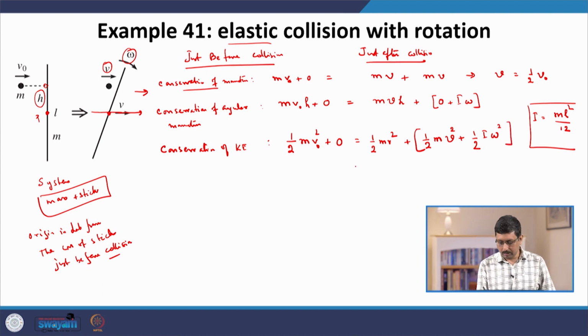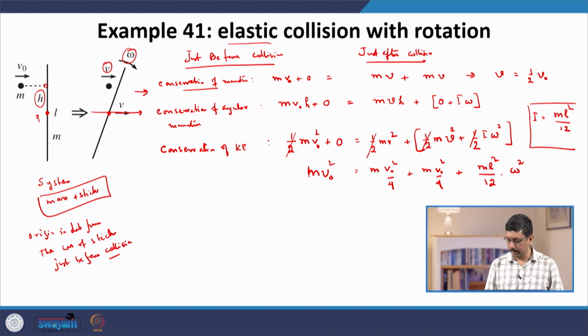Cancelling the half, m v naught square equals m v naught square by 4 plus m v naught square by 4 plus m L square by 12 times omega square.